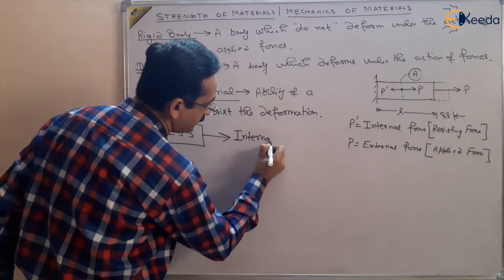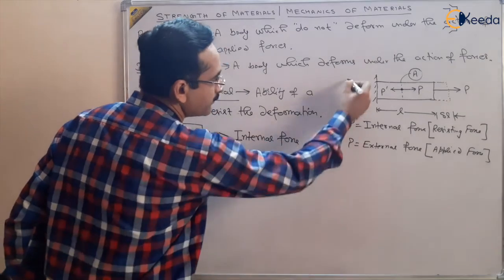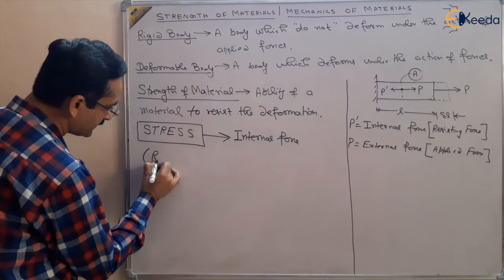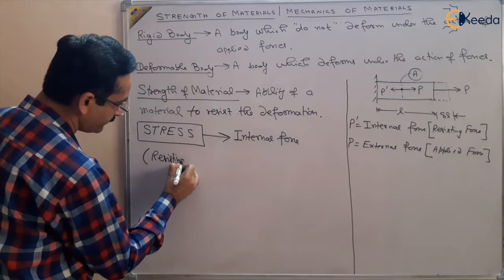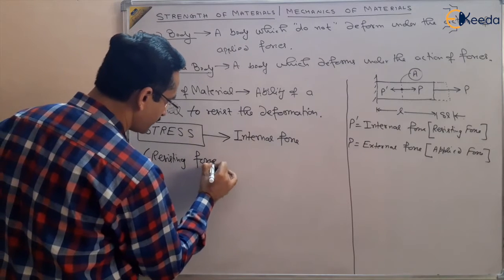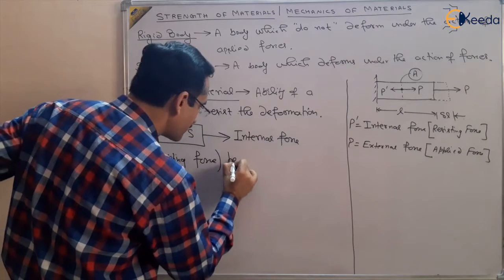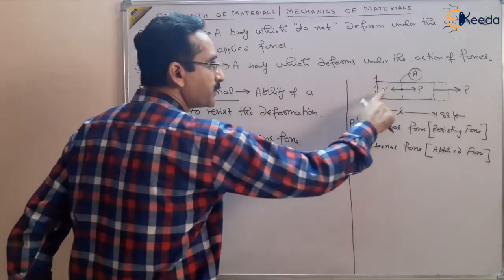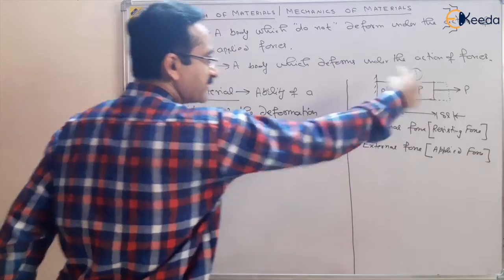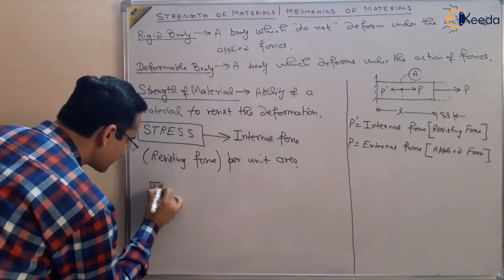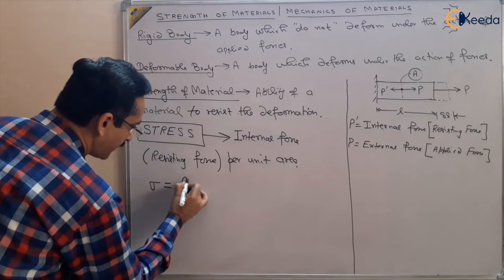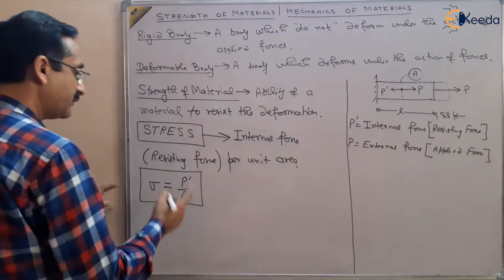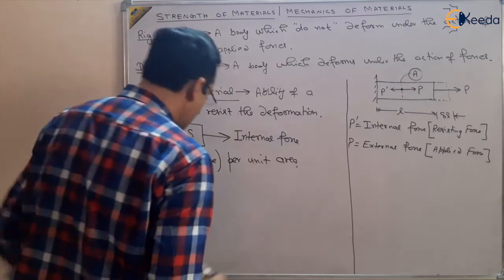This is internal force or resisting force per unit area. So this force per unit area is causing the stress in the material. So this is stress, that is P prime upon area. This is the stress which will be widely used in this subject.